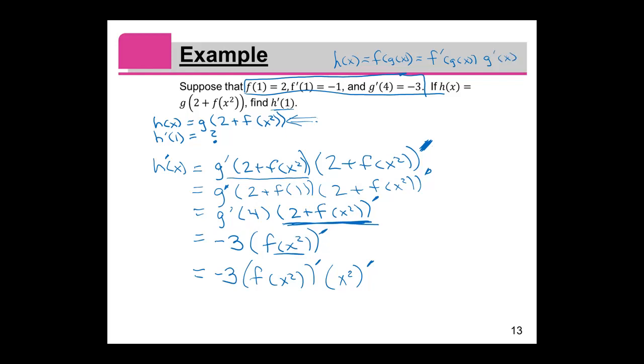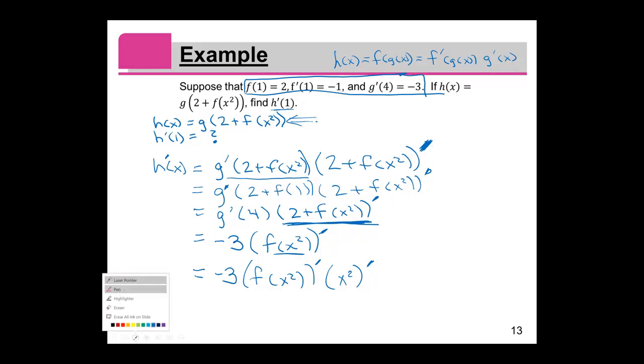So if I have this function right here, I can say f of x squared is the g of x, right? Then I'm going to say, okay, well, that's the derivative of this f of g of x times the derivative of the inside function, which is g of x, which is x squared, from up here. Does that make sense?